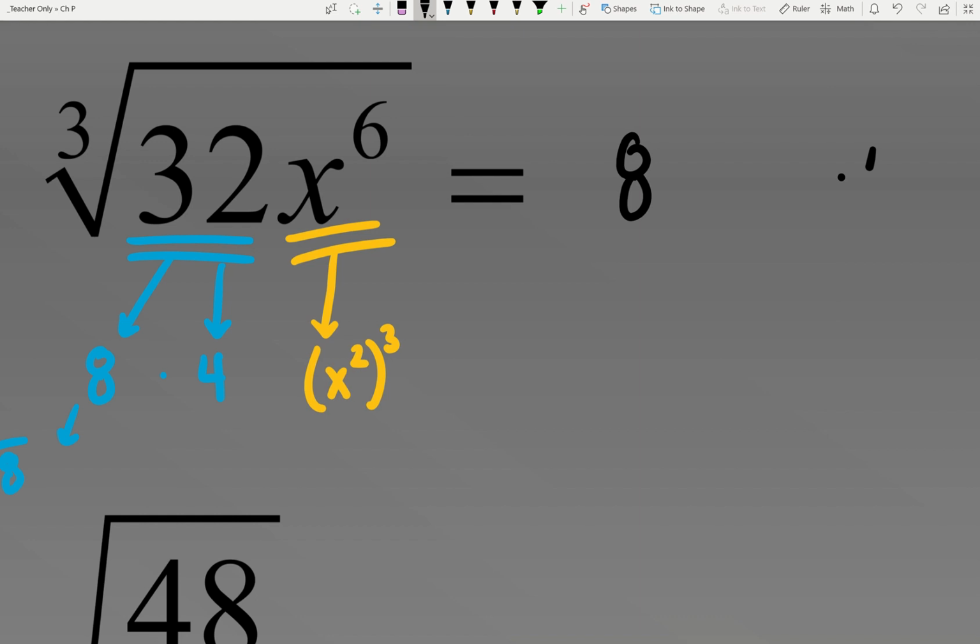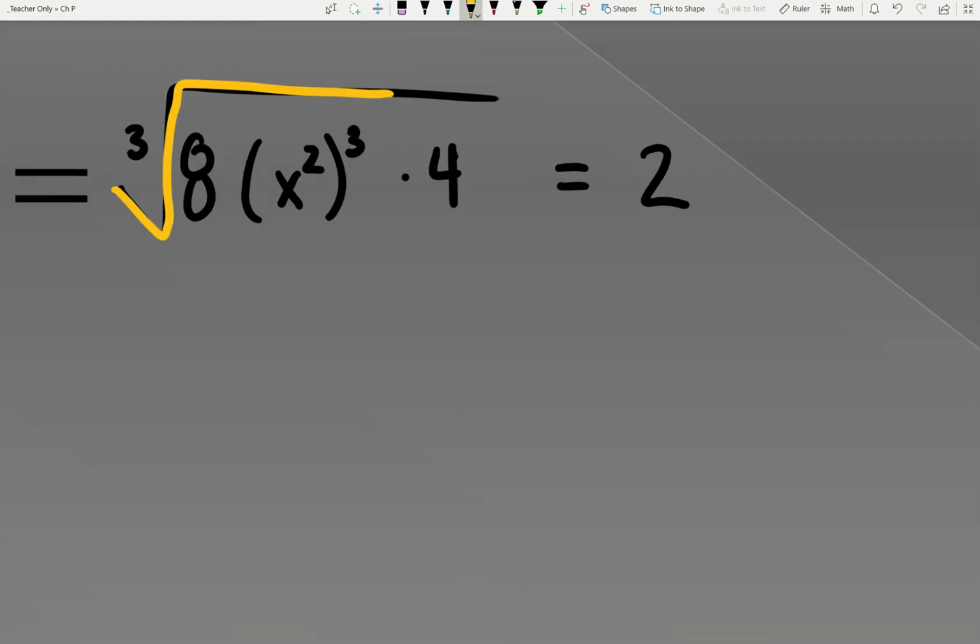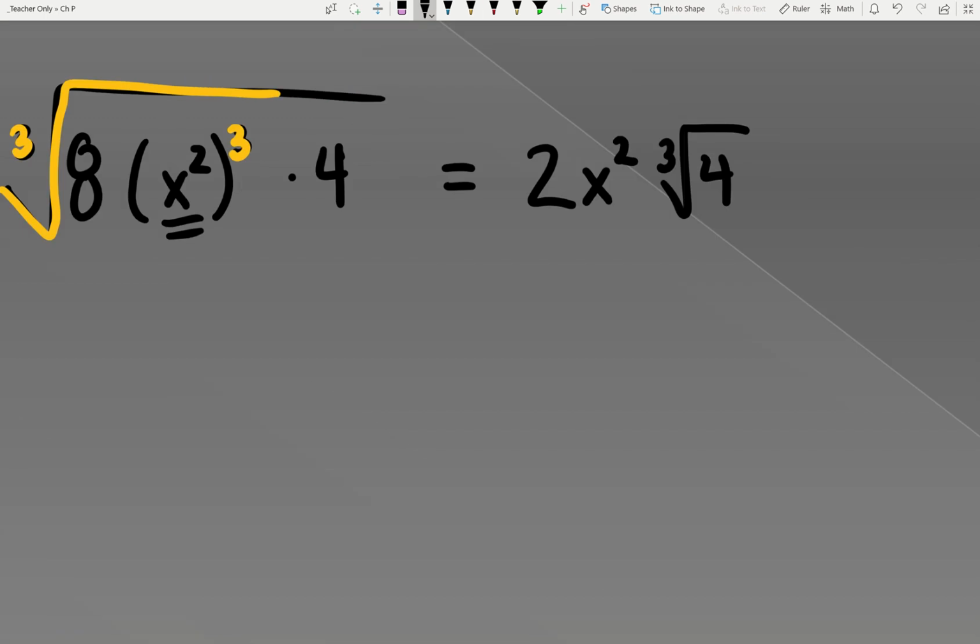That was 2, so that leaves the radical. And then think about your inverses, right? If I have a cube root of something to the power of 3, then we said before that those undo each other, and it just leaves you with this base on the inside. So what also is allowed to leave the root is that copy of x to the 2nd. And then this poor little 4 has to stay under the cube root because that's our leftover part. And we'll write our final result in this way right here.